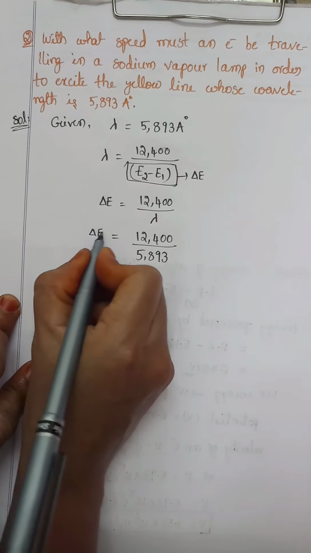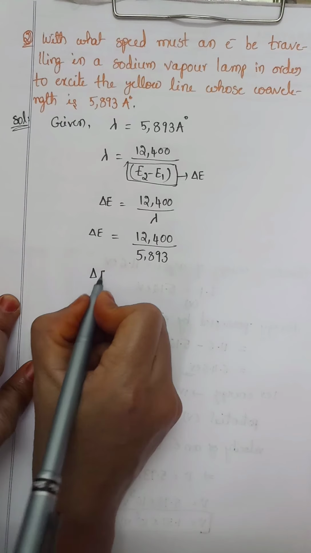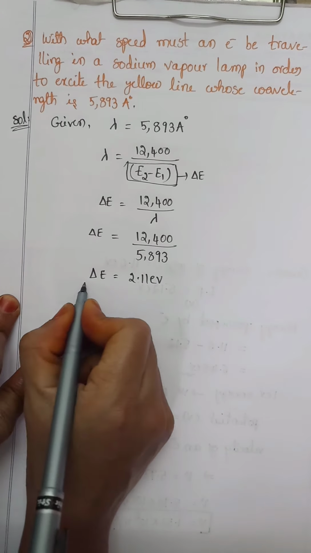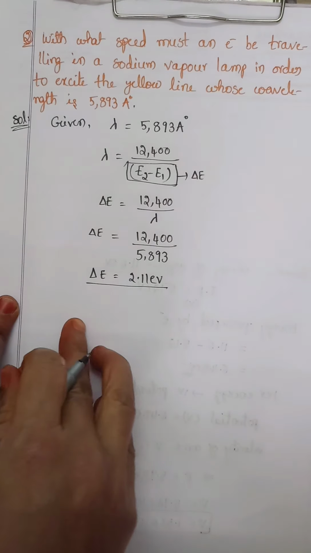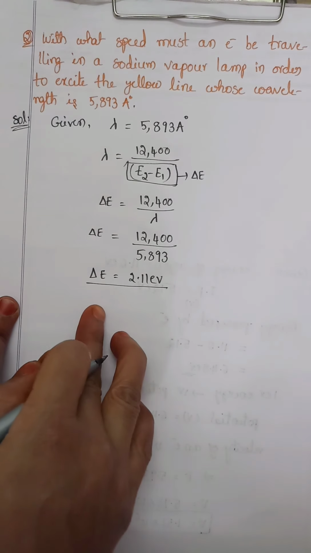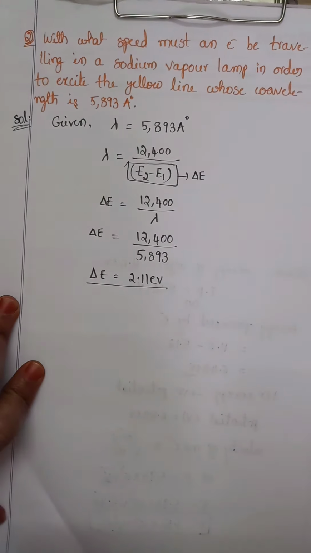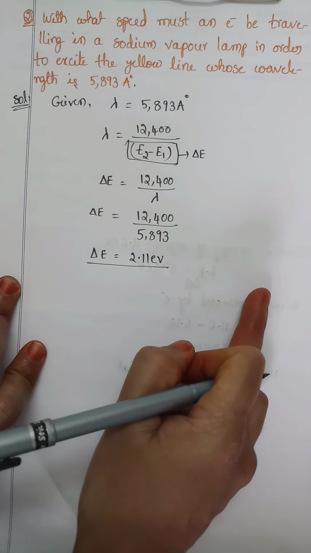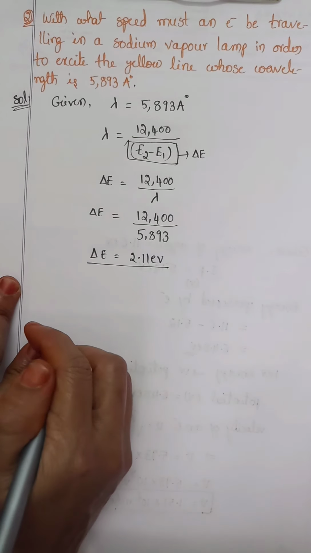If we substitute that, we get delta E is equal to 2.11 electron volts. This is the energy of electron, that means sodium which is traveling in the sodium vapor lamp. 1 electron volt corresponds to 1 volt potential energy that we have discussed in the previous problem.